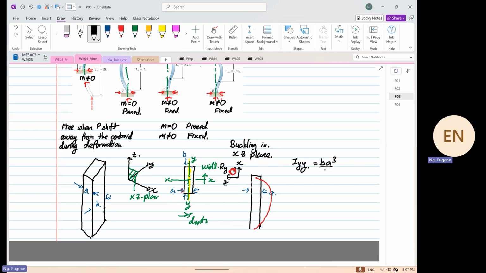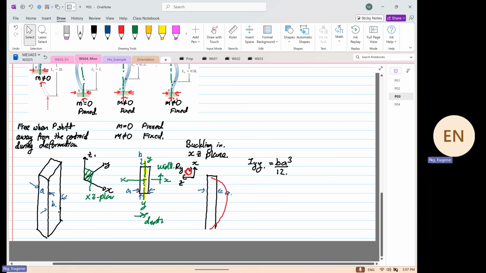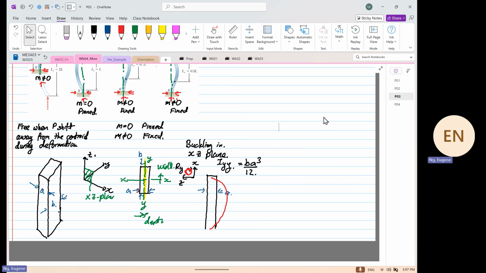BA cubed over 12. So you will never be confused. I understand that this is a simple geometry. When it's complicated geometry, that is also your width, it's also your what? Depth. Are we clear?